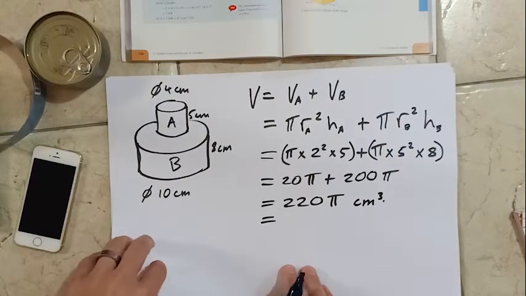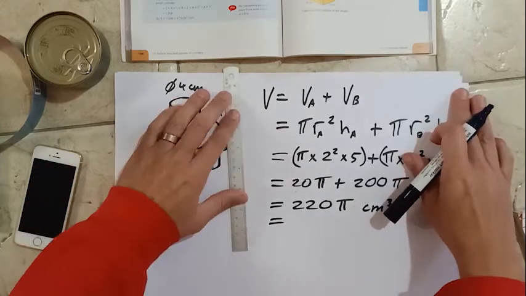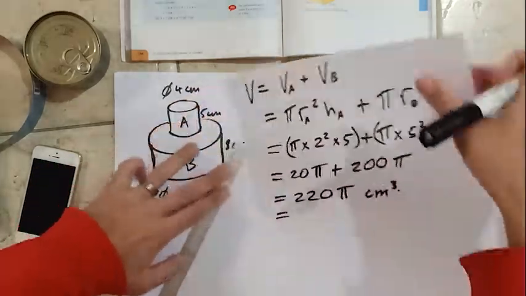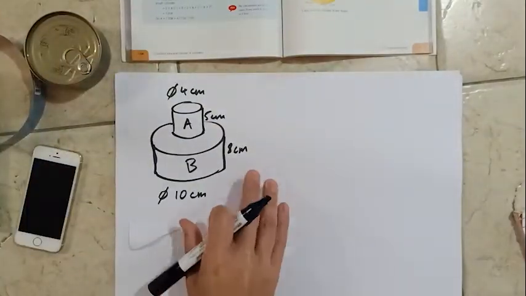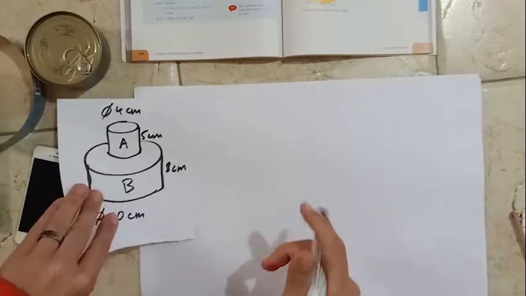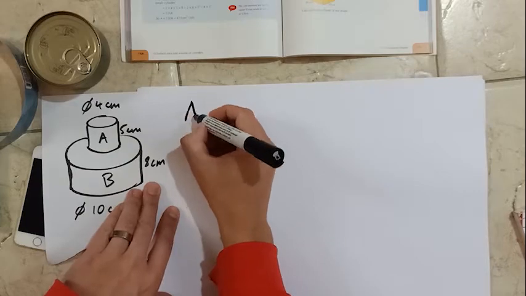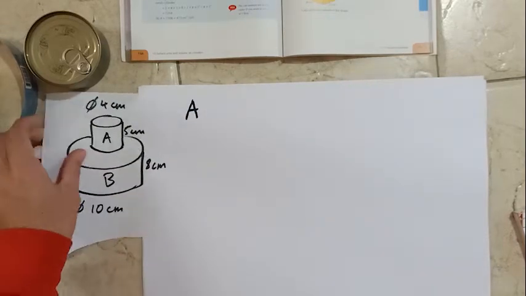Now we're going to do the surface area. I want my picture, but we're going to need a lot of space. This is going to be tricky.